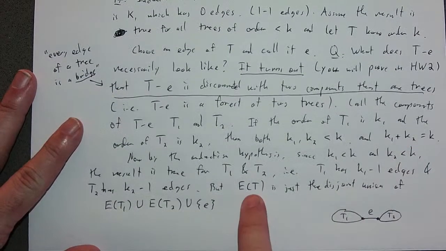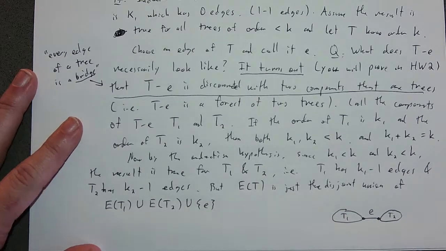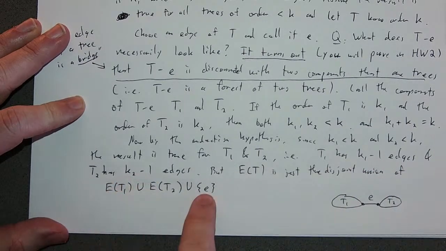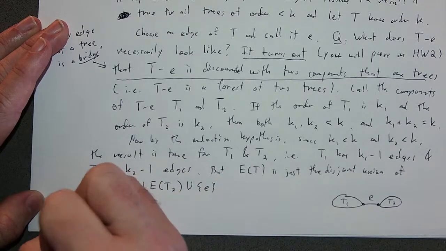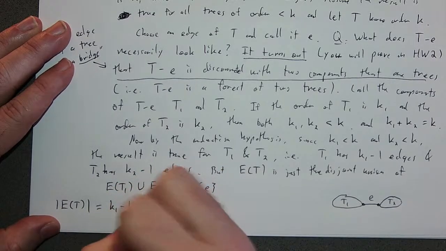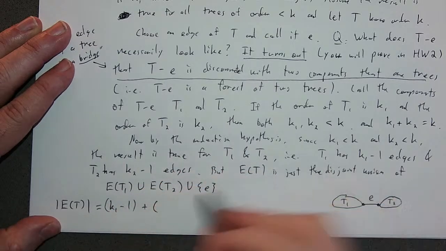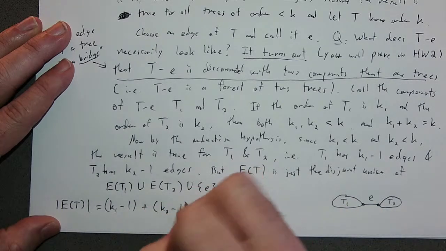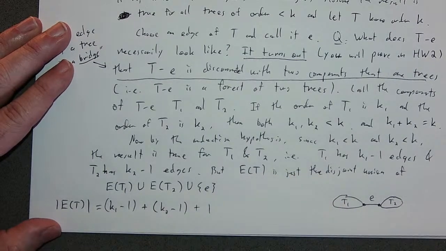Anyway, the edge set of T itself is the disjoint union of these 3 sets of edges. We can count these now that we know T1 has K1 minus 1 edges, T2 has K2 minus 1 edges, and there's 1 edge here. So what is the count on the edges of T? It is K1 minus 1, from T1, plus K2 minus 1, the number of edges in T2, plus 1, which is the single edge E that I'm adding back.